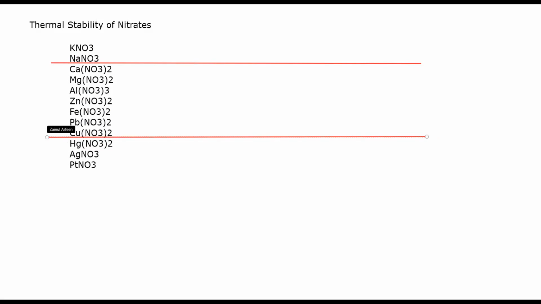Now, what is the result when we supply heat energy to potassium or sodium nitrate? This will form metal nitrite plus oxygen. So, what is metal nitrite? When one oxygen is less in nitrate, we call it nitrite.